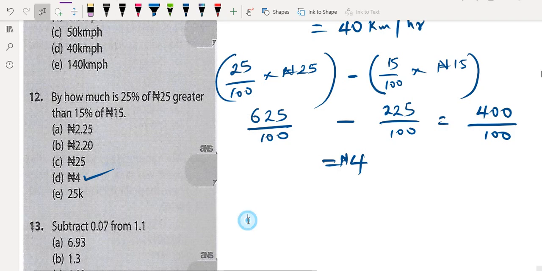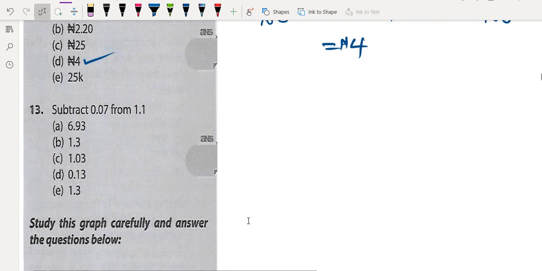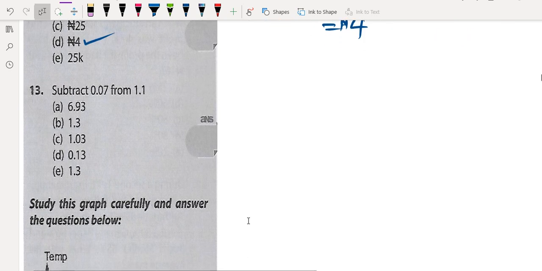Number 13. Number 13, please. From 1.1. What's the answer? 0.2.